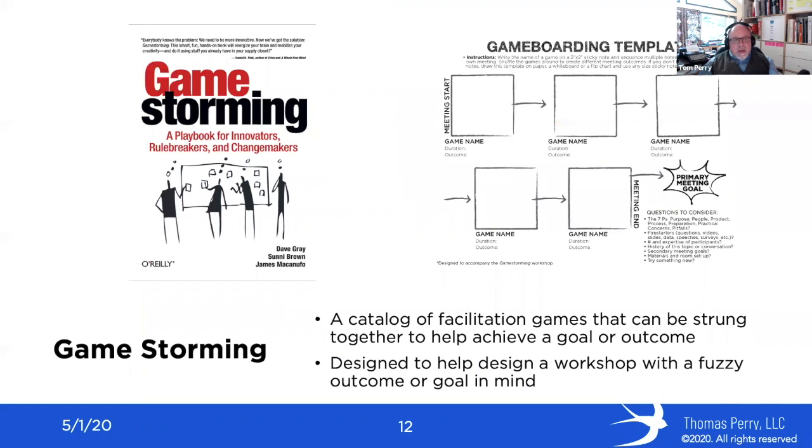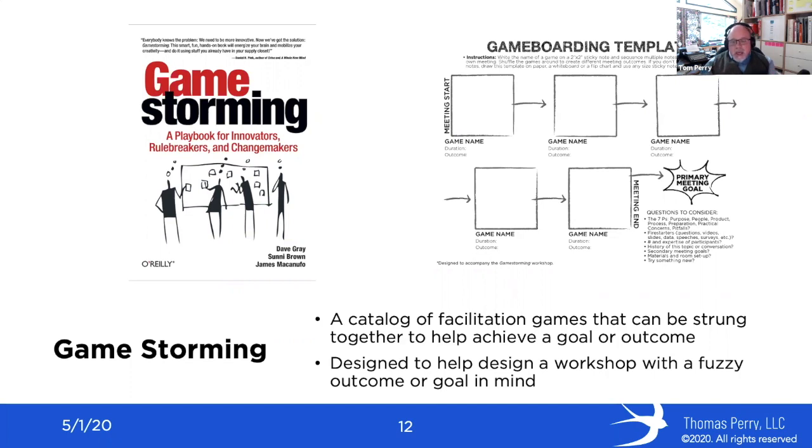Another similar catalog or inventory of practices was Gamestorming. And Gamestorming was a very comprehensive list of practices and tools for, again, creative play. The thing that I thought was unique about Gamestorming was that it brought this idea of game boarding, of assembling a collection of tools to help you achieve a certain goal.